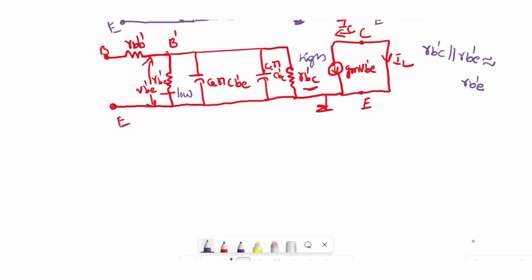Okay. Another point here, Cb'e and Cb'c both are in parallel. If two capacitors are in parallel, the resultant capacitance is the sum of these two capacitances. So I'll draw the entire circuit again.